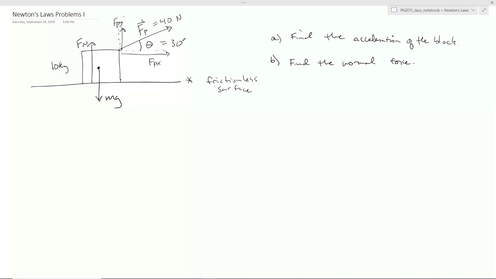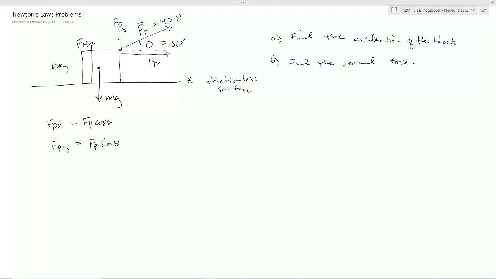Just to review how you decompose a vector like that into components, notice that the x component of the pulling force will be Fp cosine theta, and the y component will correspond to Fp sine theta.